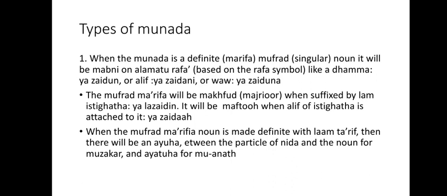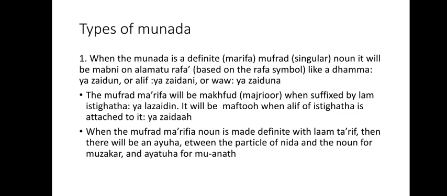When the mufrad ma'rifa noun is made definite with lam ta'rif, then you'll add a particle in between the harf nida and the munada, the word being called, which is ayyuha if it's masculine, and ayyatuha if it's feminine. So you might have read in the Quran, ya ayyatuha nafsul mutma'inna. An-nafsu is a feminine word, and before it is ayyatuha. Ya ayyatuha nafsul.